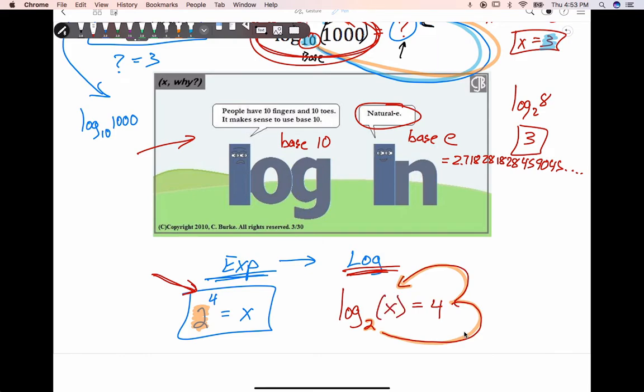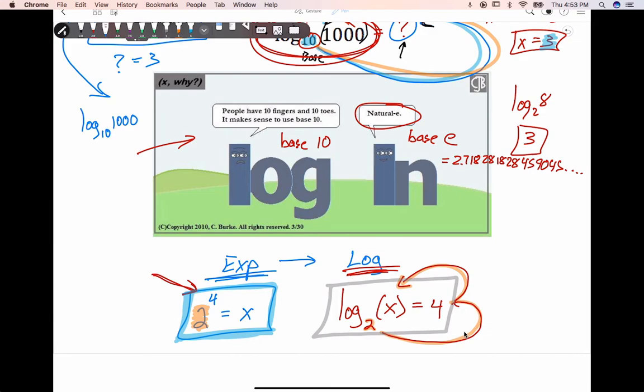Okay, so the equivalent of this exponential function right here, 2 to the power of 4 is equal to x, the way I could rewrite its equivalent equation in logarithmic form would be this: log base 2 of x is equal to 4. Okay, and yes, we can go ahead and check it out and get our answer.